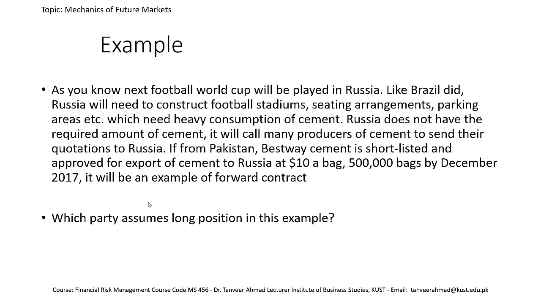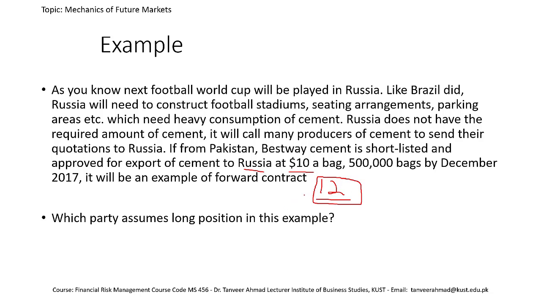So in this case, if on the expiration date the price of a bag of cement is, say, $12 per bag, what would that mean? It would mean for Russia that a bag of cement being sold in the market for $12, they are buying from Best Choice Cement at a mere price of $10. That means that when the price of the asset in the market increases, the long position holder makes a profit.